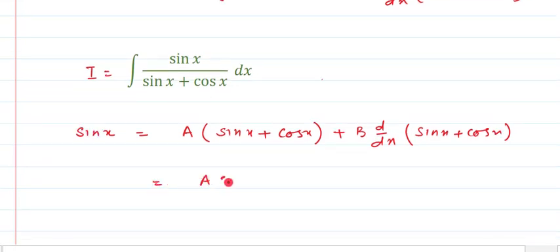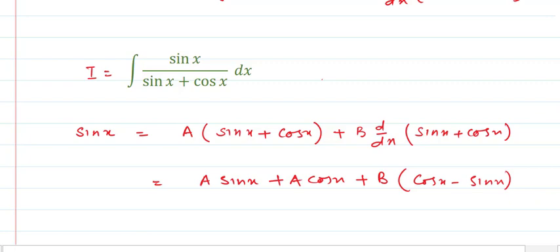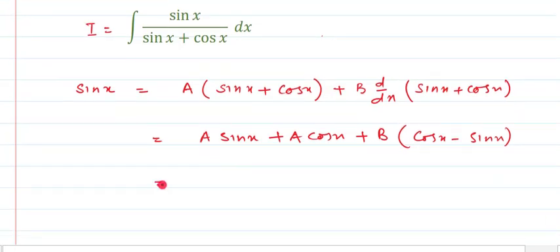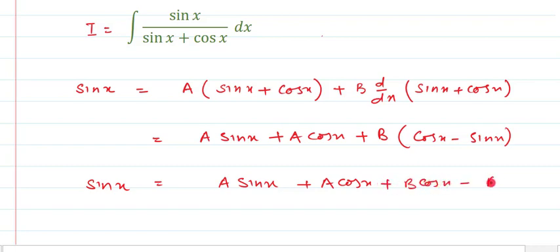It is equal to A sin x plus A cos x plus B into derivative of this, which is cos x minus sin x. Open this bracket as well. So we are getting sin x is equal to A sin x plus A cos x plus B cos x minus B sin x. So this is the first step of this type of questions.